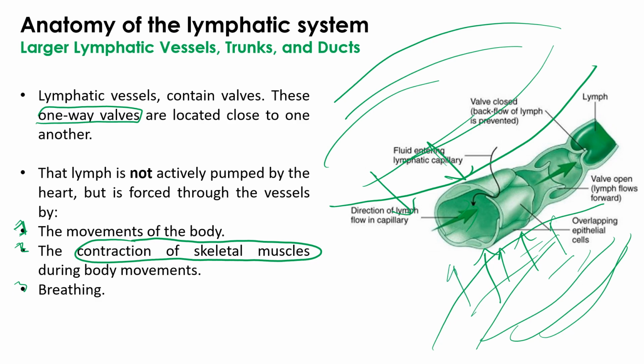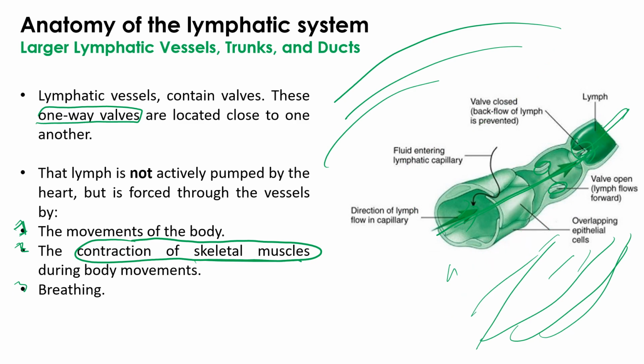The contraction of the skeletal muscle is what squeezes this and pushes the fluid in one direction. And because these valves only open one way, the fluid can only go in one direction. If the fluid contained in these vessels tries to go backwards, the valves will close and will prevent backflow of fluid. So that's primarily for your extremities.